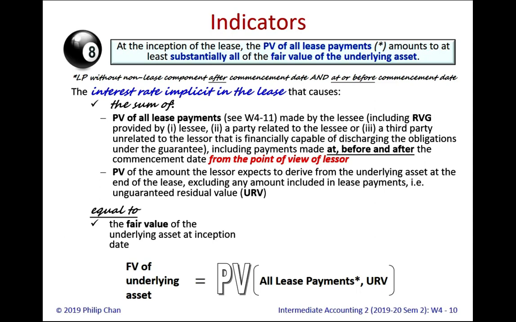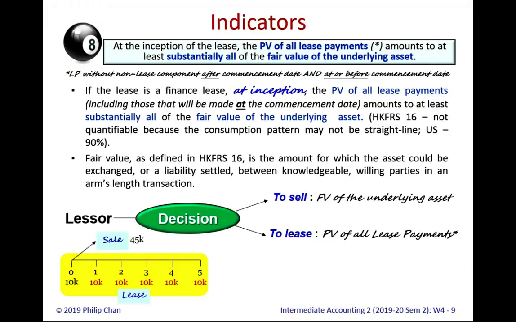Believe it or not, you have just seen something similar in the previous slides. When I went through the illustration with you, I said if I compare the fair sales price of this asset at time t0 with all these lease payments, and they are very close to each other, then it would be considered a finance lease.